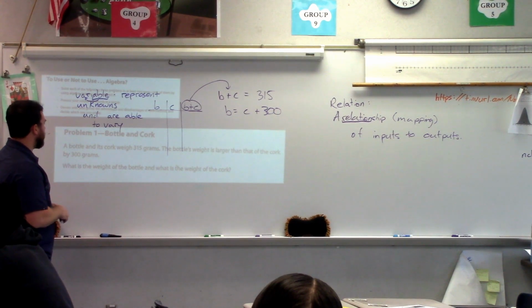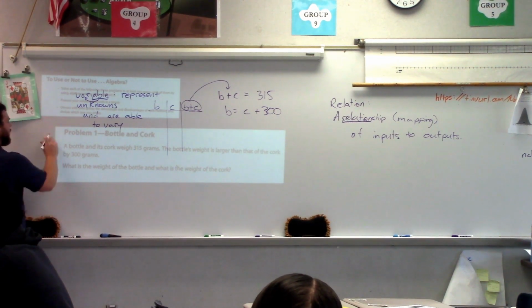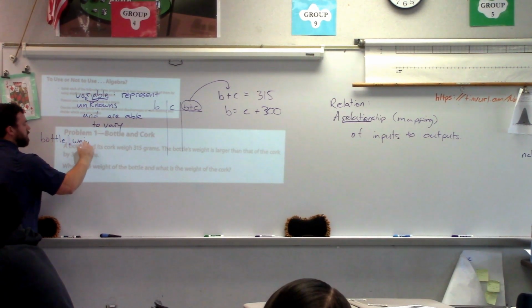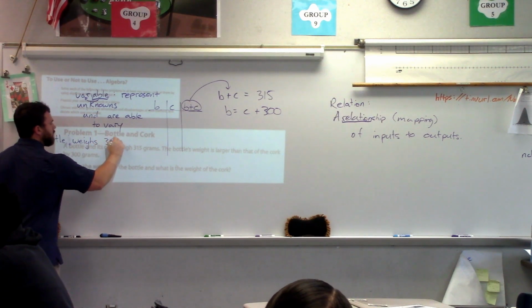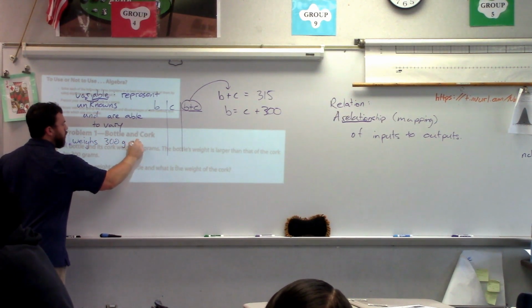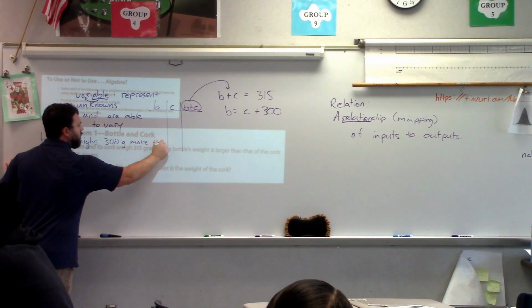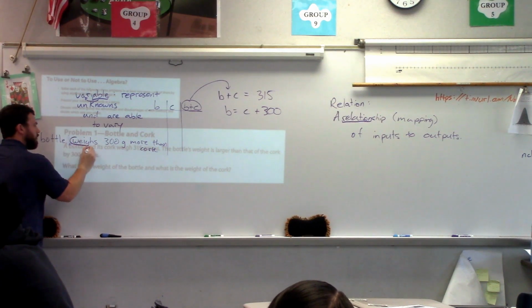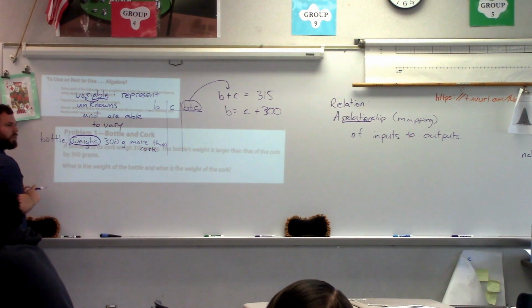The other thing I want to point out is the language matters. I can't remember if I mentioned this yesterday, but the way I word it is a little bit different than here. I say the bottle weighs 300 grams more than the cork. Did I talk about what this verb right here usually translates to in math? Weighs.